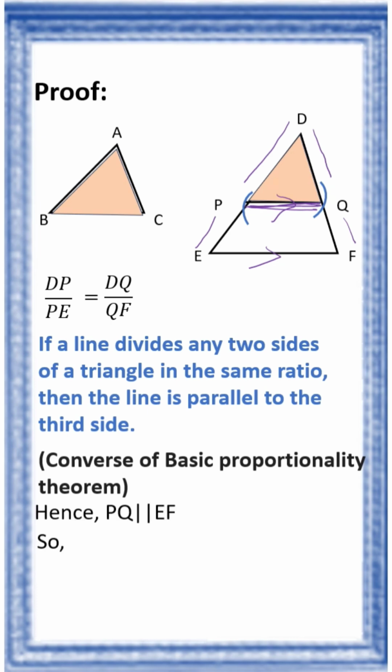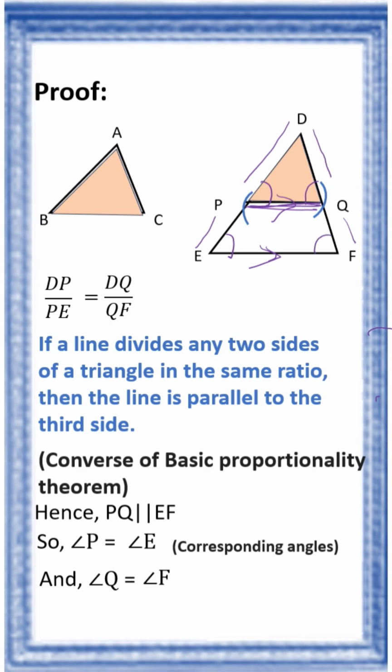So now we have angle P is equal to angle E. Why? Corresponding angles. These two lines are parallel and corresponding angles are equal. Similarly, angle Q is equal to angle F because they are corresponding angles.